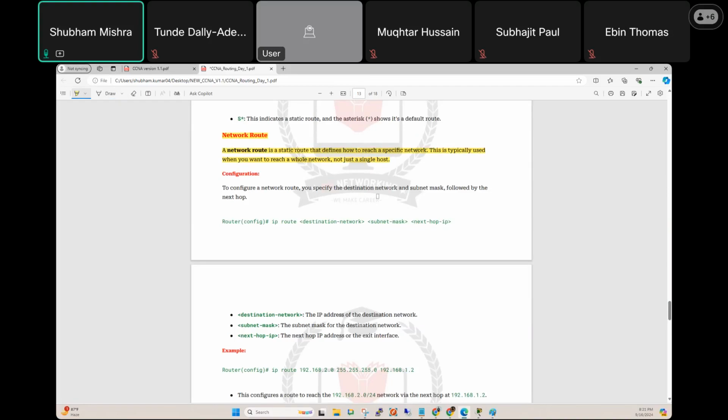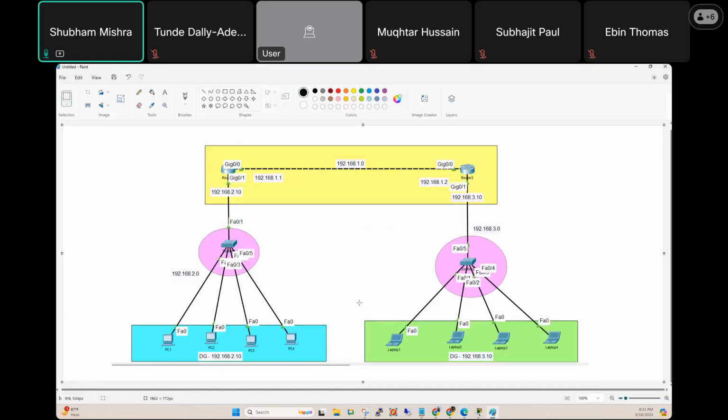For example, see this topology. If we have this topology, and let's suppose this is the source. This is the source. And this PC wants to communicate with, there are two cases. Either this PC wants to communicate with any laptop.